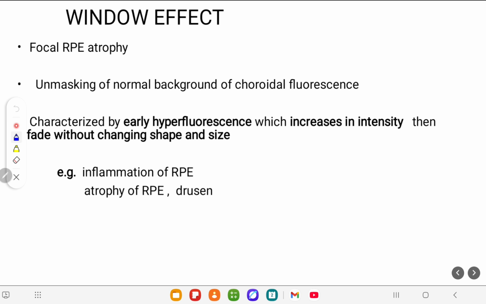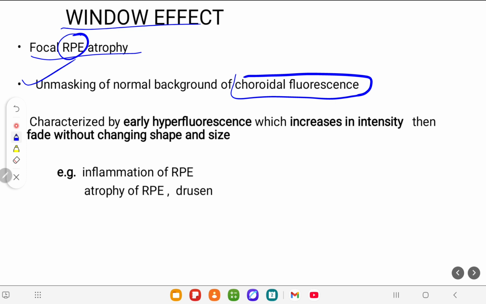So let's discuss window defect. I have already told you window means something is hindering it. Now you open it and then you see the fluorescence beneath the window. So what is the window here? It is the RPE. RPE is a dark pigmentation. Whenever there is focal atrophy of the RPE, there is unmasking of the normal background choroidal fluorescence, because choroidal capillaries are fenestrated and there is plenty of fluorescence, isn't it?